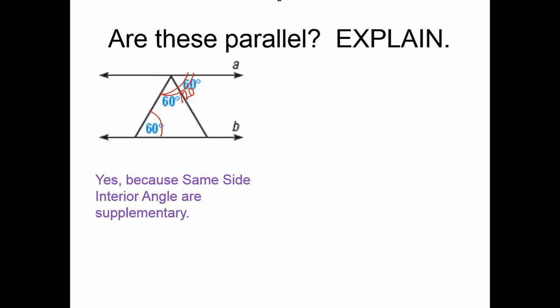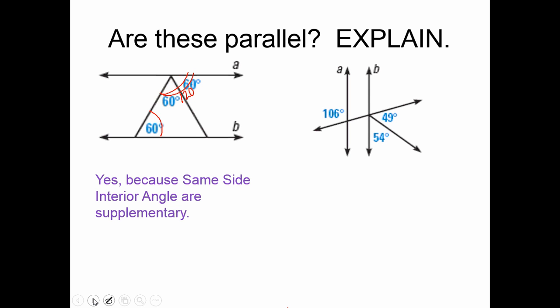Okay. What about the next one over here? The next one, let me see if I can get it animated. There we go. We have another one of those tail pictures here. This angle right here is 106. If we were to look at this angle right here, ooh, this one doesn't look right, does it? This one looks like that's 103. So are they congruent?